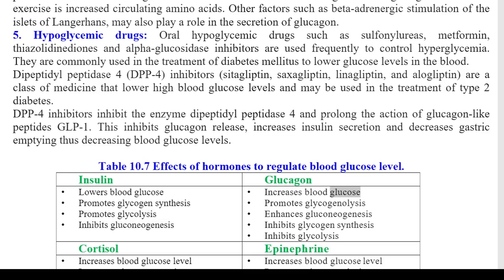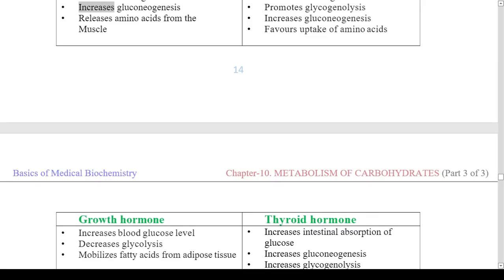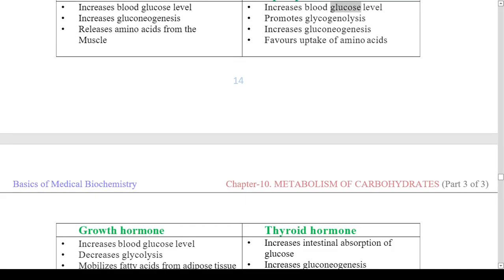Glucagon: increases blood glucose, promotes glycogenolysis, enhances gluconeogenesis, inhibits glycogen synthesis, inhibits glycolysis. Cortisol: increases blood glucose level, increases gluconeogenesis, releases amino acids from the muscle.